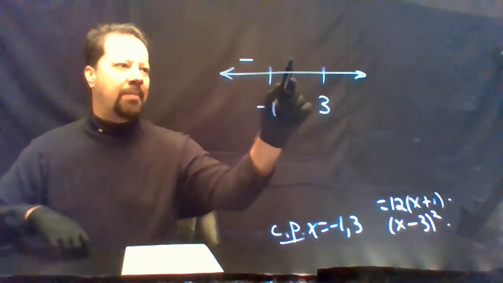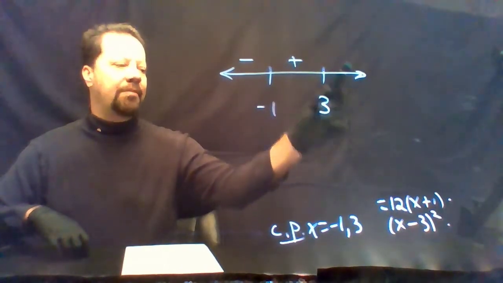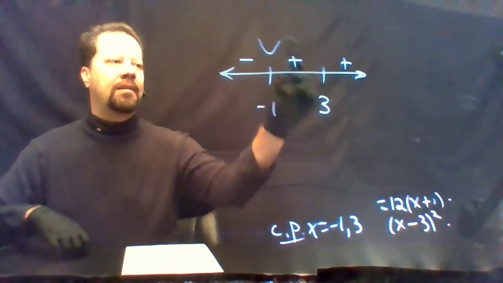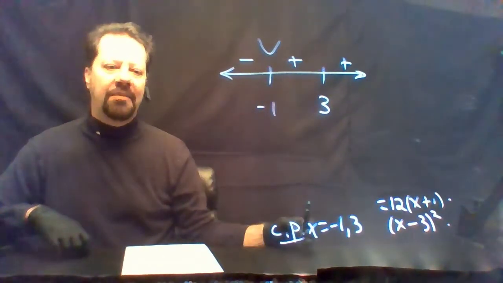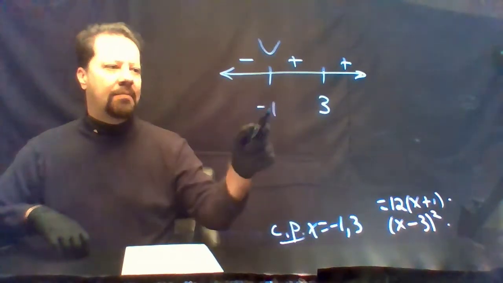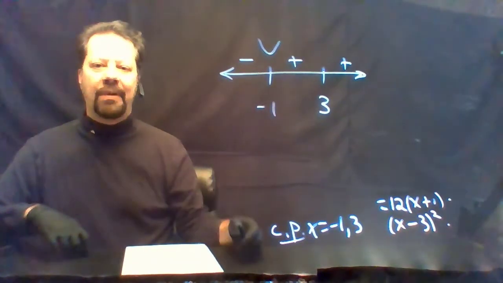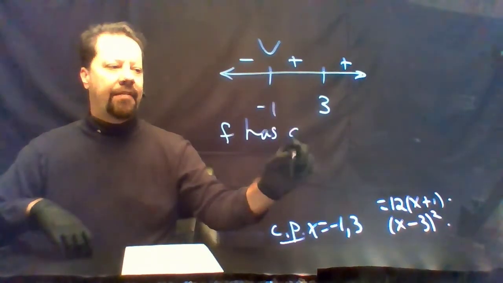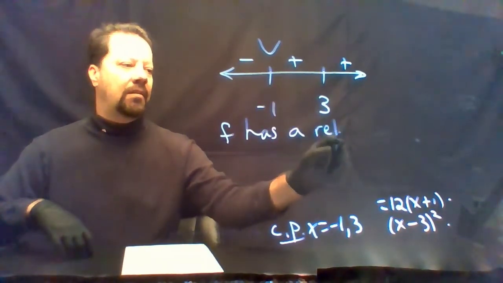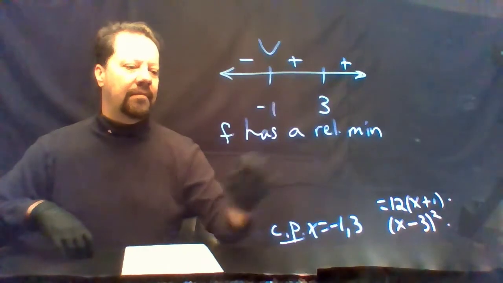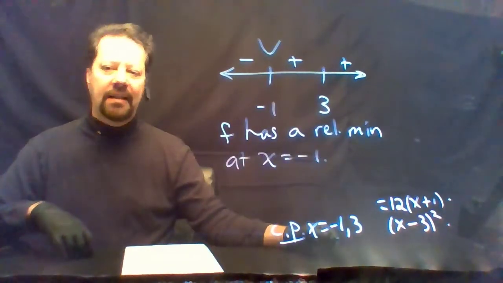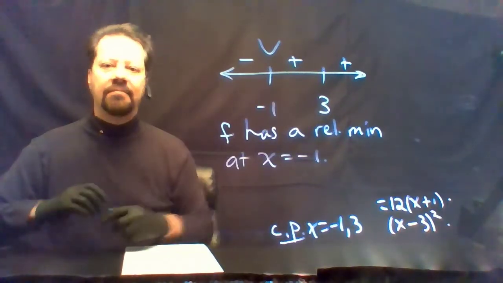There we'll have a positive, and then if we plug in 4, positive again. So 3 is neither a max nor a min, but at -1 we have a relative min. F has a relative min at x equals -1, and x equals 3 is nothing.